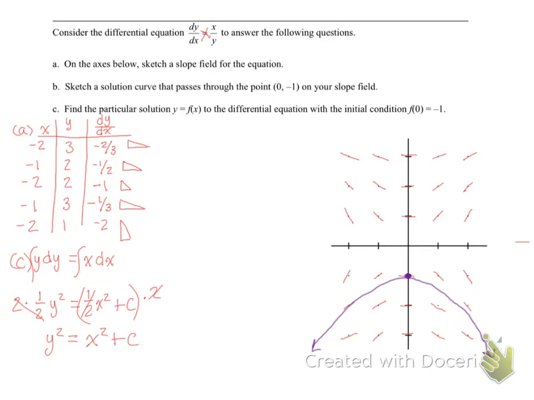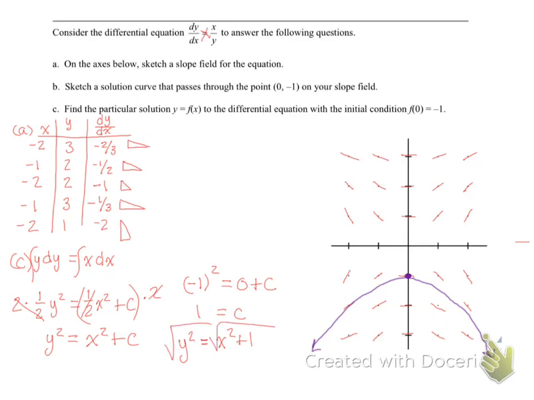We want to plug in our initial condition so we can find c. If x equals 0 and y equals -1, then (-1) squared equals 0 plus c, which means c is equal to 1. So my particular solution is y squared equals x squared plus 1.